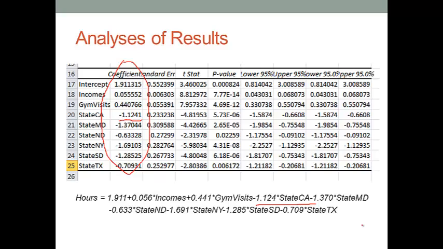What is the result? If he's from Washington, do we have to give a value for state CA, state MD? Yes, we do. They are all zeros, so they don't influence the final result. What is the result here? That's the result.